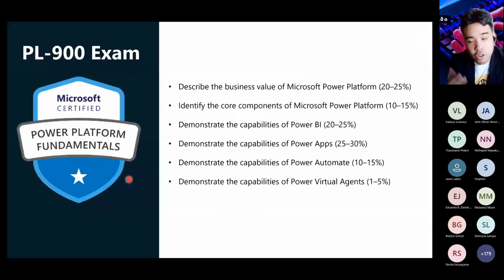Before we run through this, let's see the overview of the exam first, to guide you on what you should expect if you are looking to take this certification exam. The main thing they will ask you is what is the business value of the Microsoft Power Platform, and also the core components: capability of Power BI, capability of Power Apps, which is the main portion of this exam, and also some Power Automate and a few small questions about Power Virtual Agent.